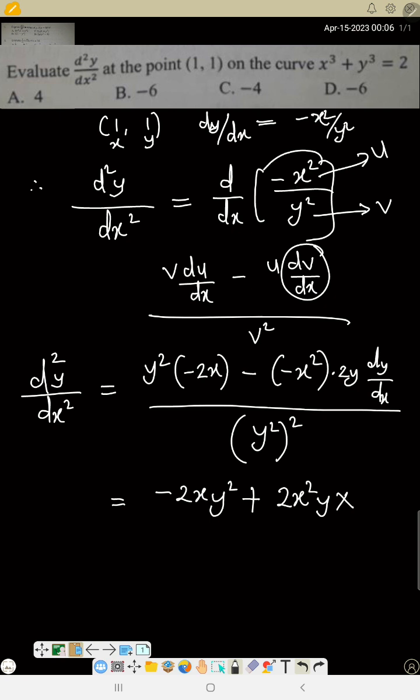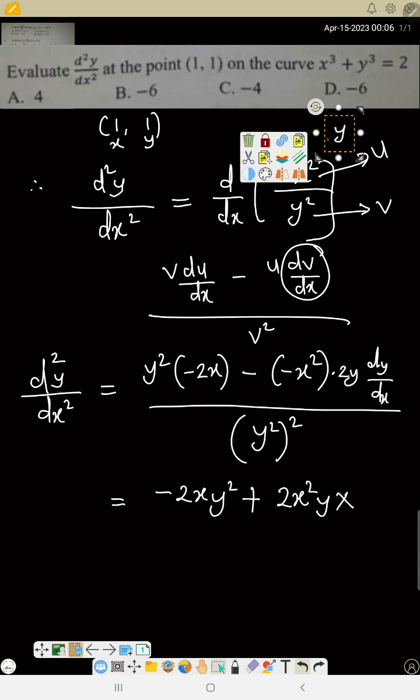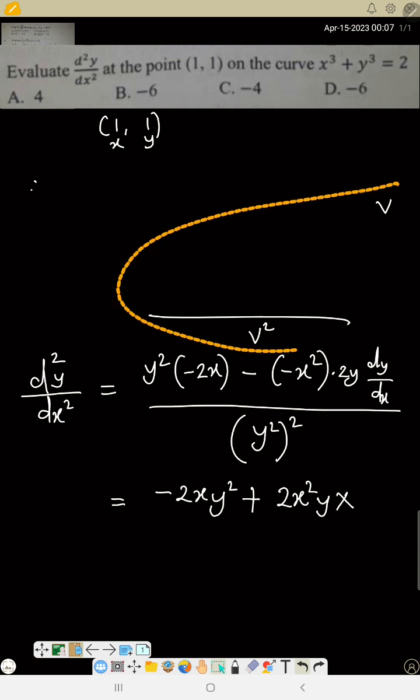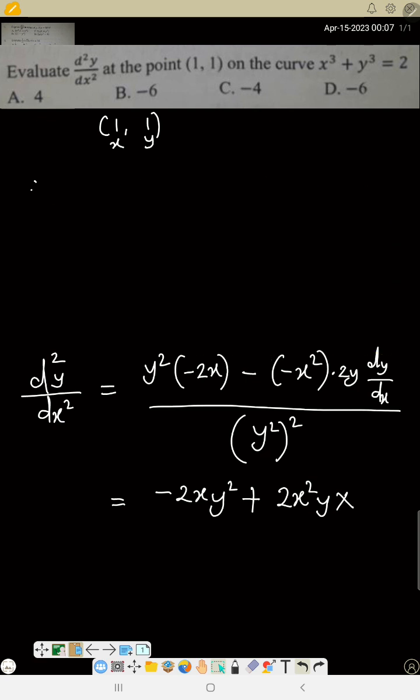Remember, because that's what we have here, minus s squared divided by y squared. So that means I'll put this dy ds now to be that expression. So that dy ds is times, let me use brackets.